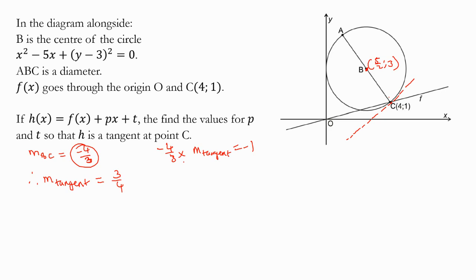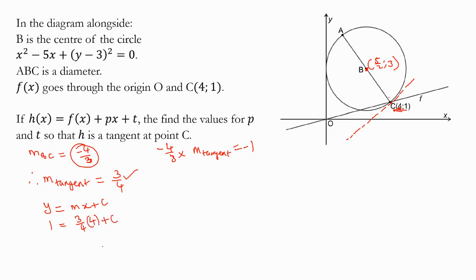Now, can we find the equation of the tangent? We can, because we have the gradient and our point C there. So we say y is equal to mx plus c. You're using point C there: y is 1, m is 3 over 4, and x is 4.